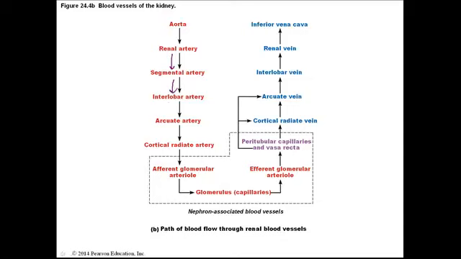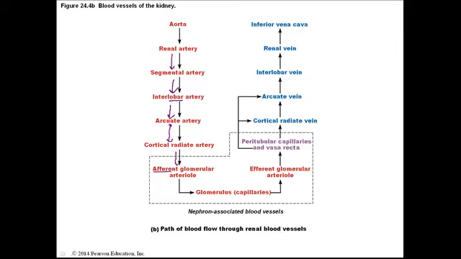So approximately 7. Then that will go into the interlobar artery, because it goes between each renal pyramid or lobe. That will go into an arcuate artery. That will go into a cortical radiate artery. That will branch and become an afferent glomerular arteriole.